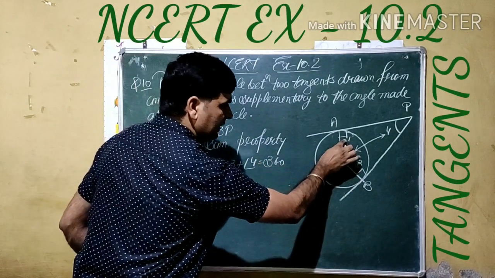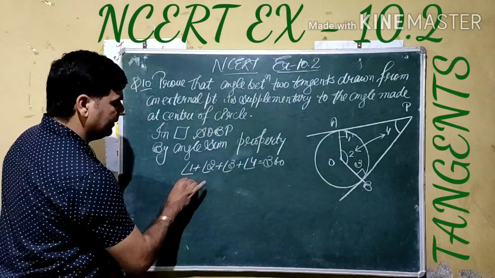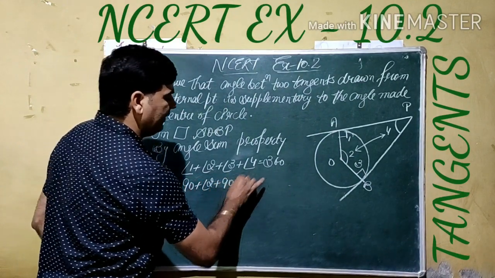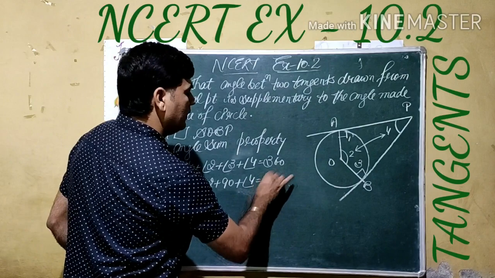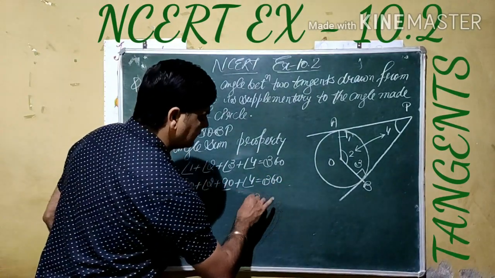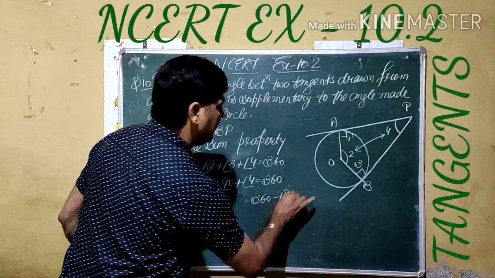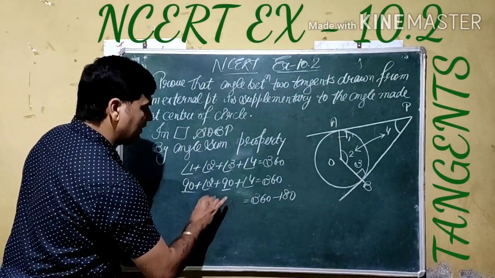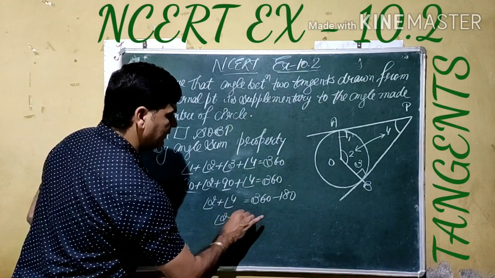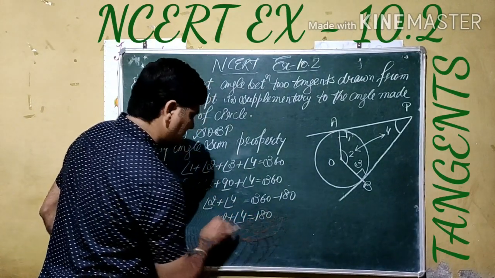If we see, angle 1 is 90 degrees, 3 is also 90 degrees. Replace it. 2 and 4 remain the same. No change is required here. So 90 plus 90 is 180. On shifting to the right side, the sign changes. It becomes angle 2 plus angle 4. So we get angle 2 plus angle 4 is equal to 180 degrees.